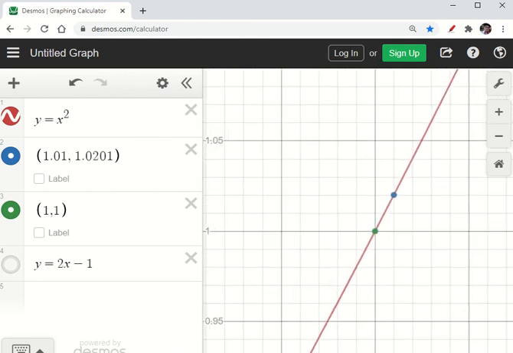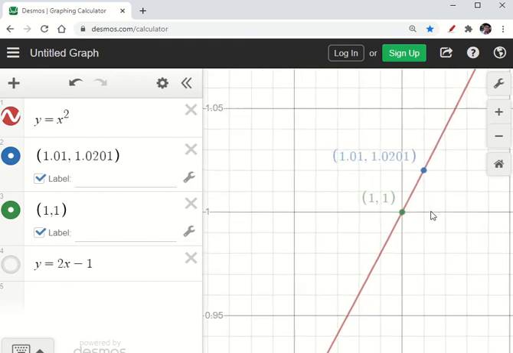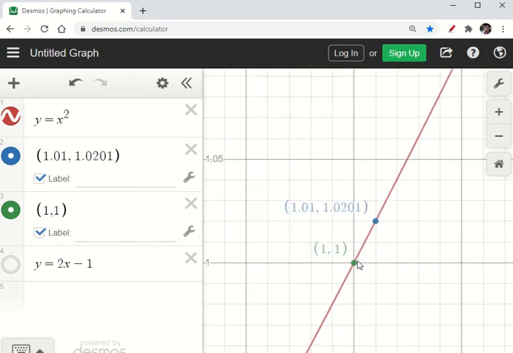For this point, we have 1.01 and 1.0201, which is the y, and the other point is (1, 1). Now that we zoom in, we have a straight line, so we can use these 2 points to find the slope.